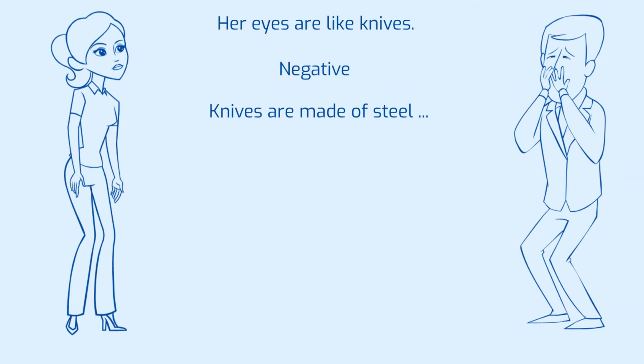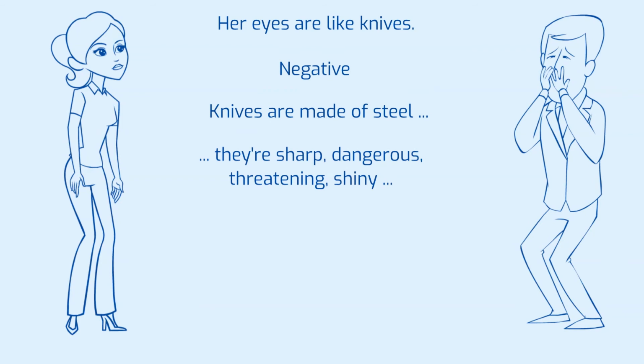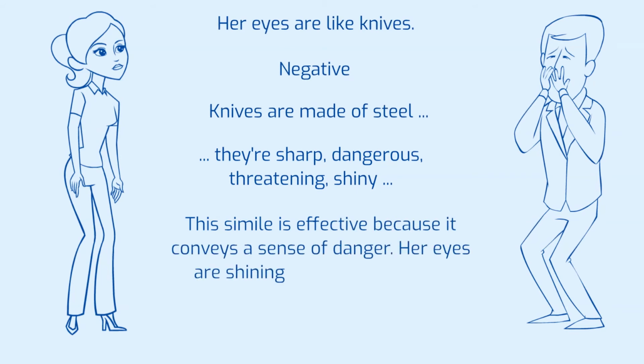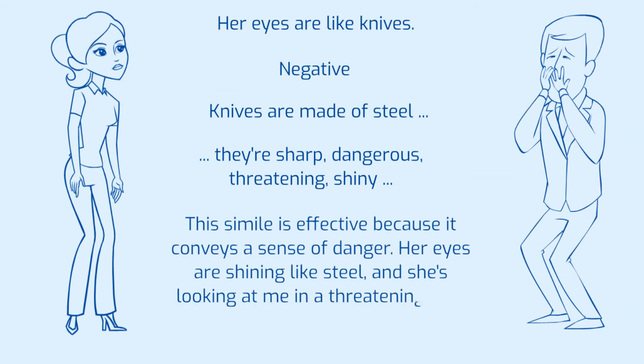Well, they're made of steel. They're sharp, dangerous, threatening, shiny. So we could say, this simile is effective because it conveys a sense of danger. Her eyes are shining like steel and she's looking at me in a threatening way.